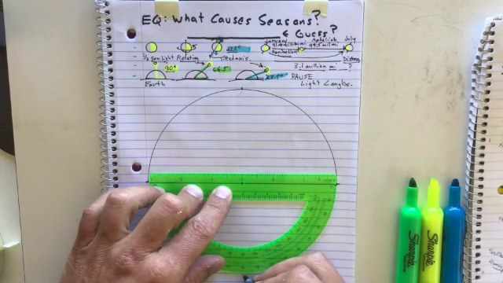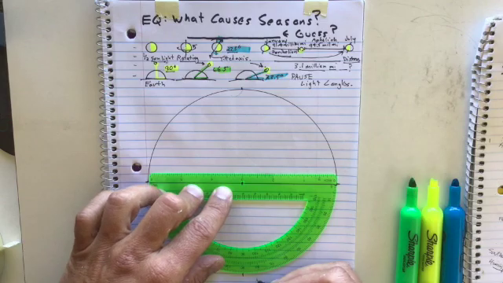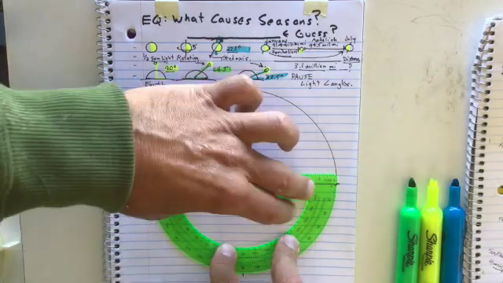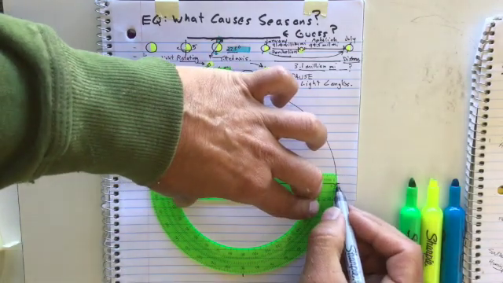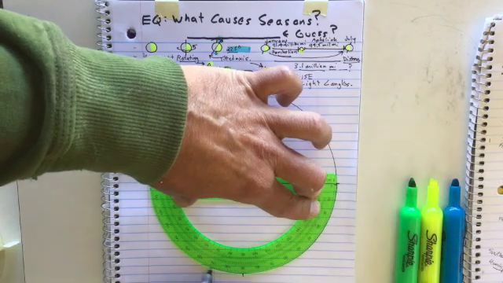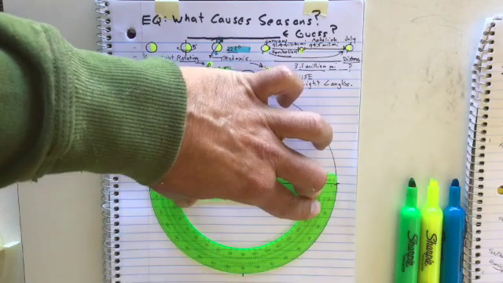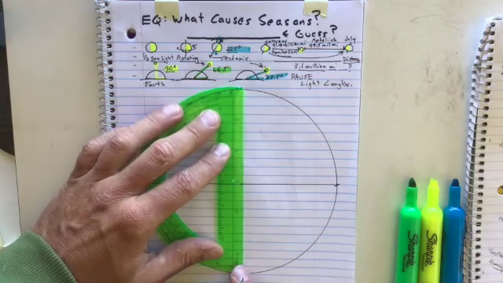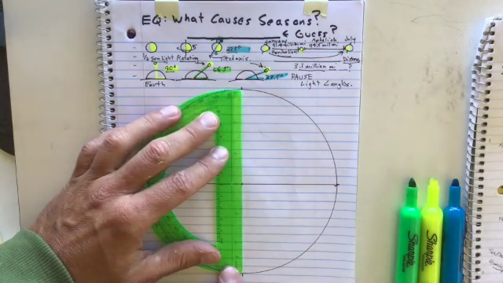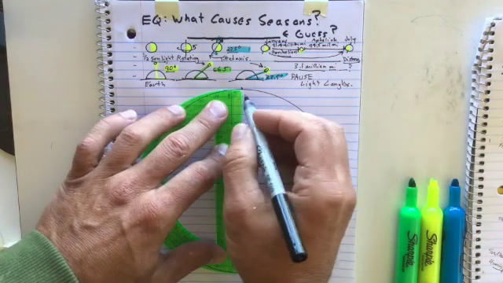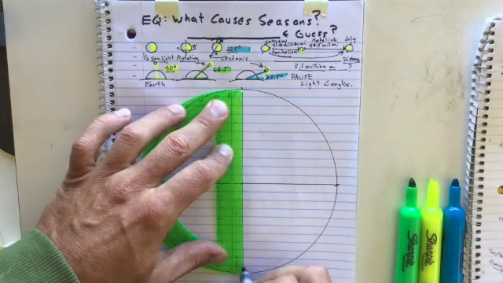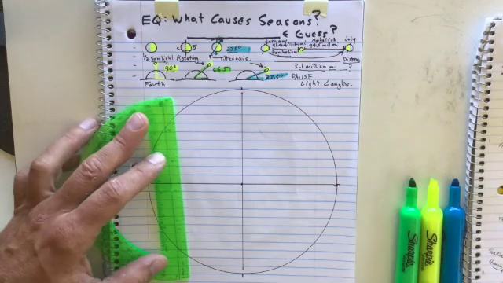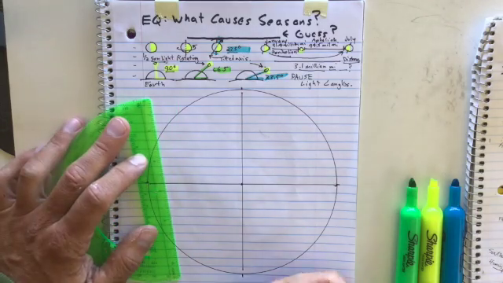And again, we're going to mark 90 degrees at the very top, and then we're going to draw another arc like this to complete the circle. And we're going to use our ruler like a protractor to draw a line from top to bottom. Okay, so now we have a circle split in 4 parts.